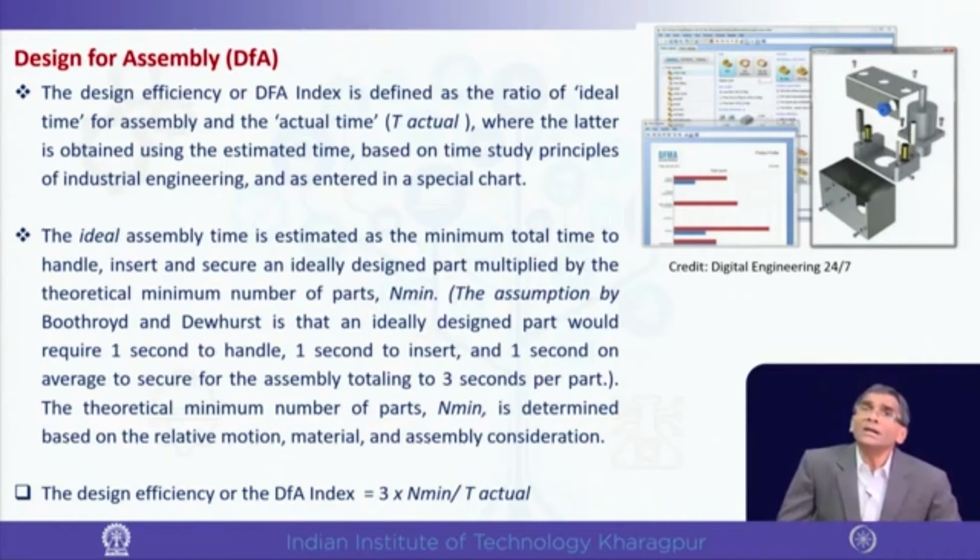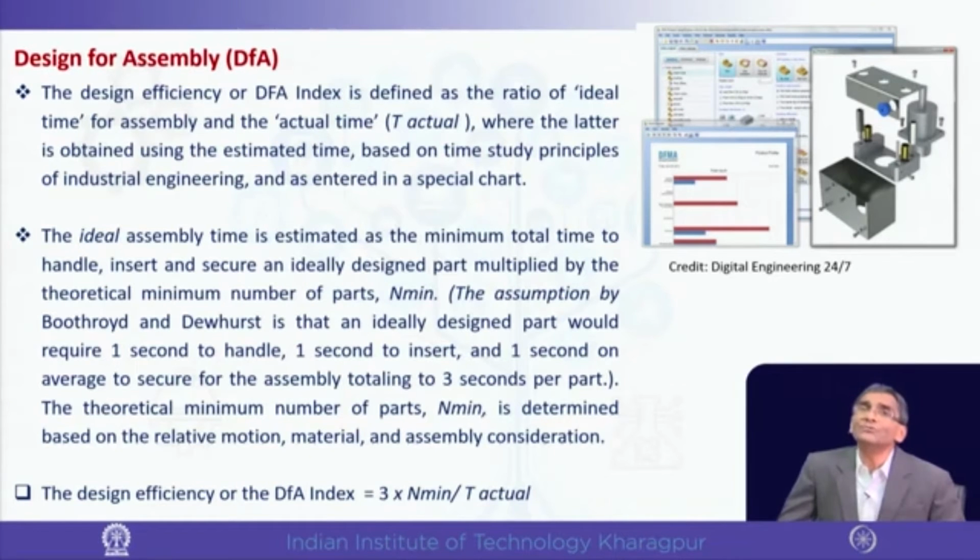Now, how will the ideal time be found? Here there are two things: how much time per assembly it will take, and the minimum number of components that would be assembled.